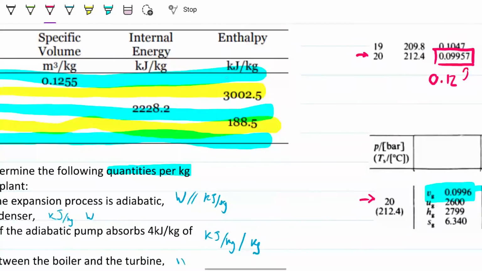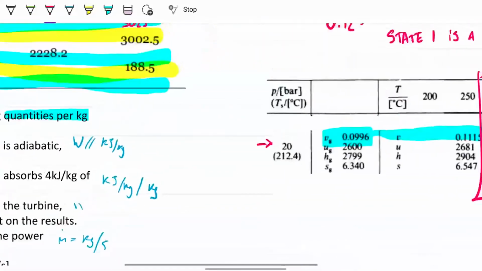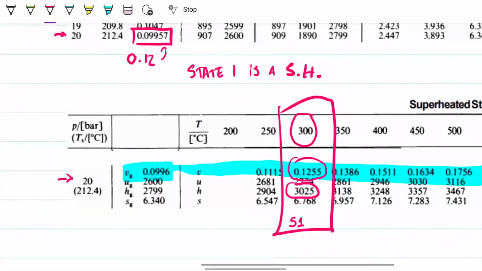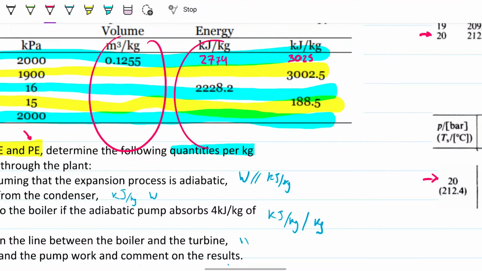3025, superheated state. I could also put the other properties, for instance internal energy is 2774. I could fill in all these properties if I wanted to, as long as I have the state defined.